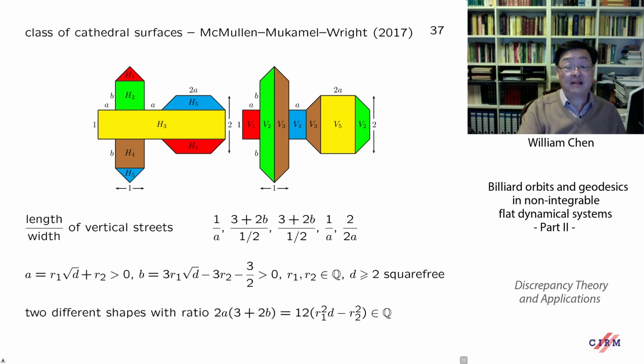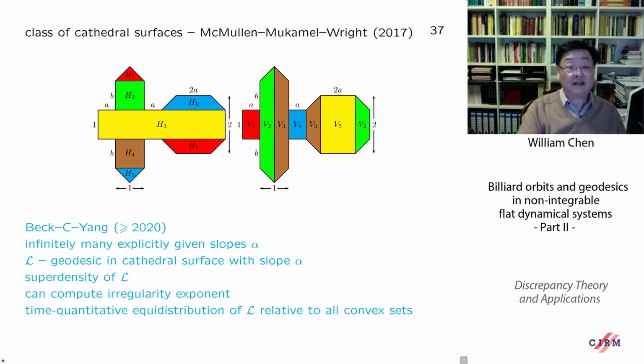Now, what does that tell us? That tells us that our method works on all cathedral surfaces and gives us superdensity, irregularity exponent, and time quantitative equidistribution for infinitely many explicitly given slopes alpha.